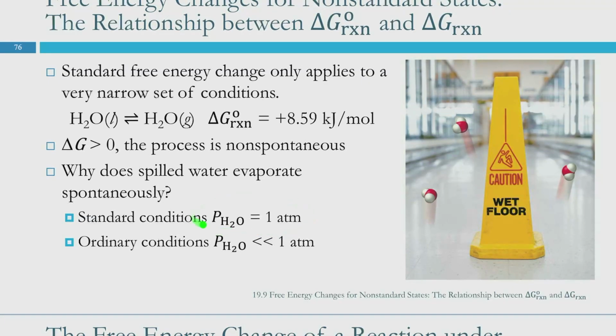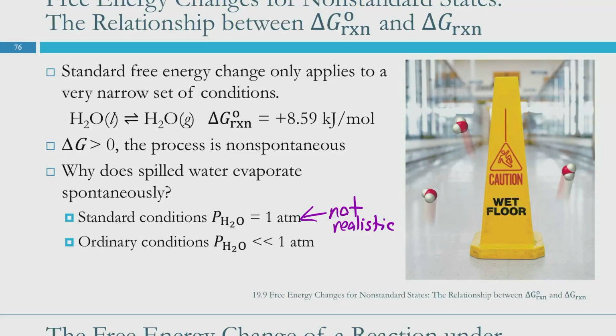And that's because our standard condition is that the partial pressure of water, our P H2O, is 1 atmosphere. That's not realistic. That's just the standard state condition. Under ordinary conditions, our partial pressure is much less than the 1 atmosphere of atmospheric pressure.